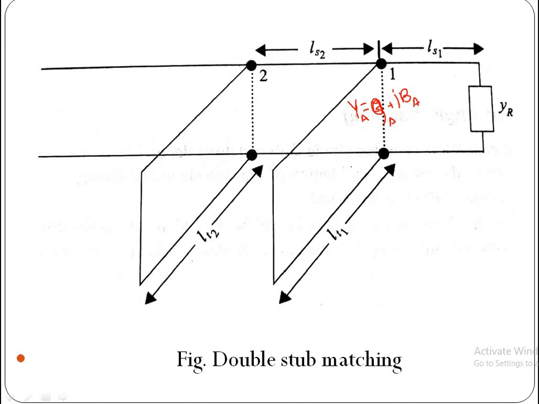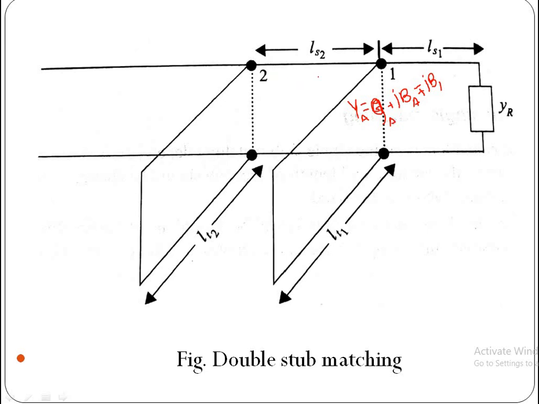Now a short circuit stub of length LT1 is added in parallel to the main transmission line at point 1. The susceptance of this stub 1 is minus or plus JB1. So after connecting the first stub, the total input admittance at point 1, YA, is equal to GA plus JBA minus or plus JB1.